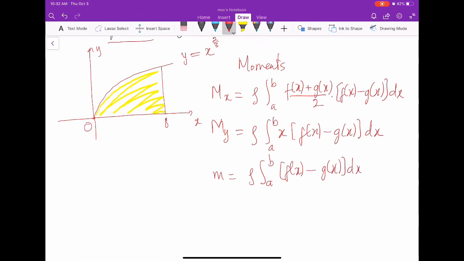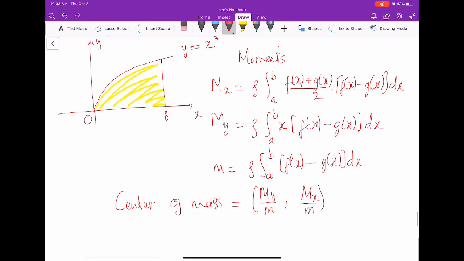And then we can find the center of mass. That is just mx over m, my over m. And we are done, right? Now, this should be my, okay? This should be my, and then here is mx. So we interchange a little bit.